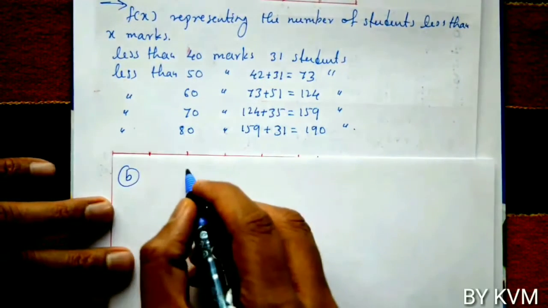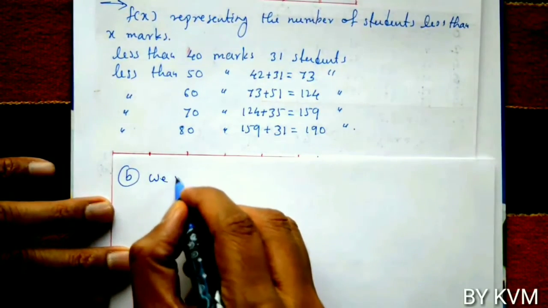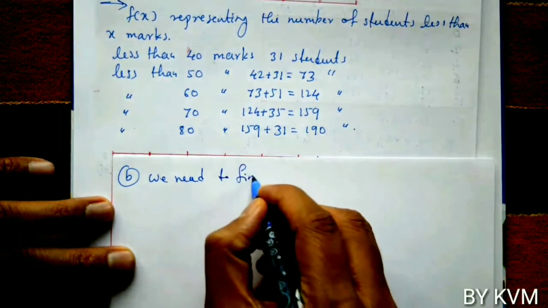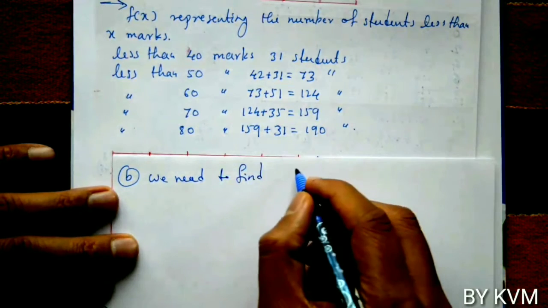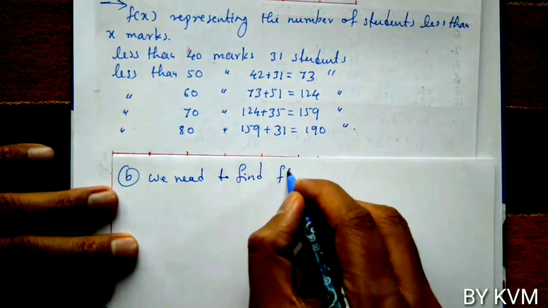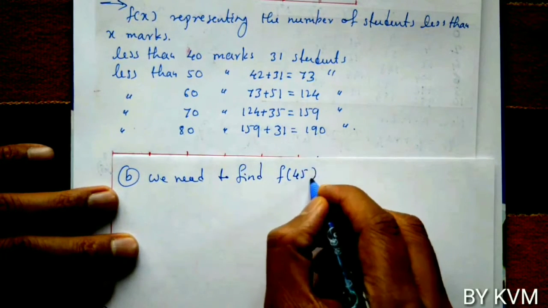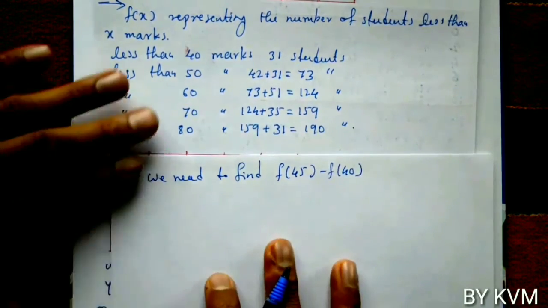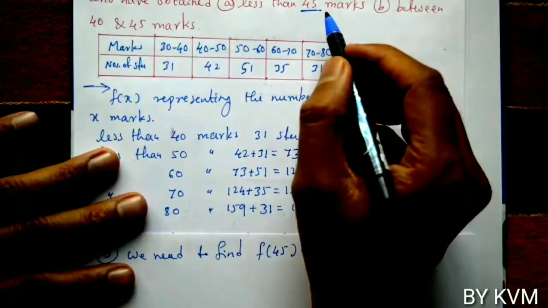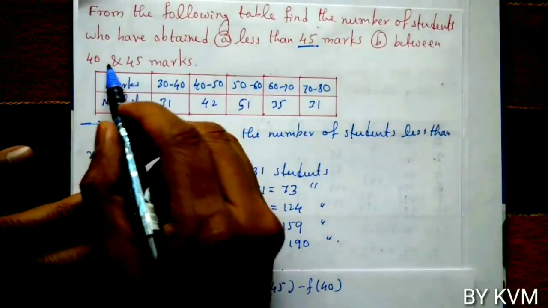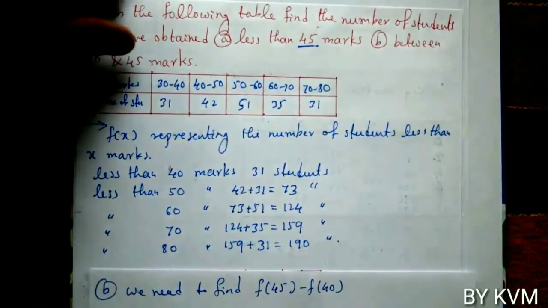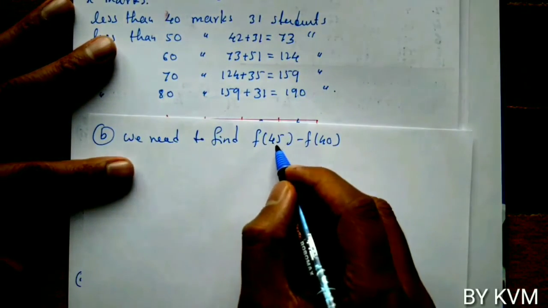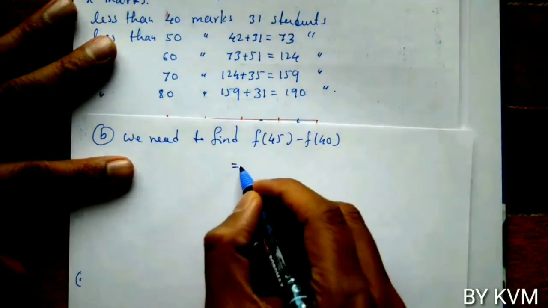So now case B, we need to find f of 45 minus f of 40, that is the number of students who have scored between 40 and 45. We know the number of students who have scored less than 40 and we know the number of students who have scored less than 45.